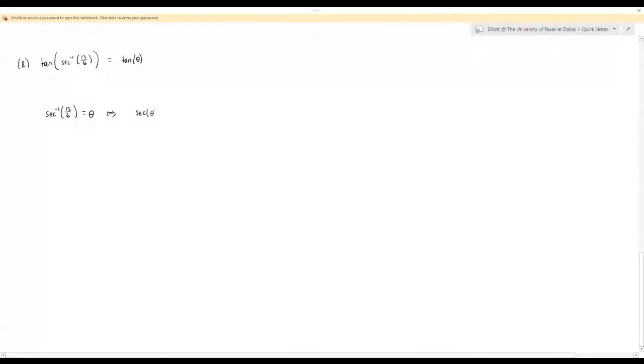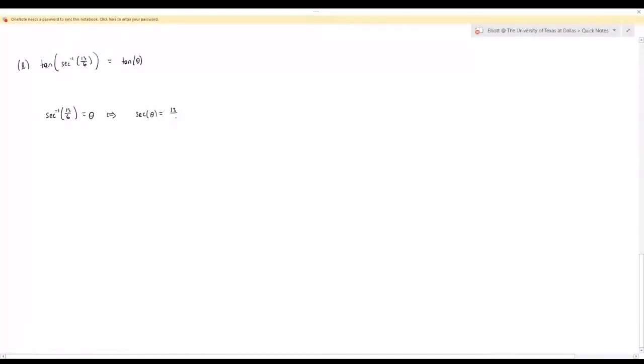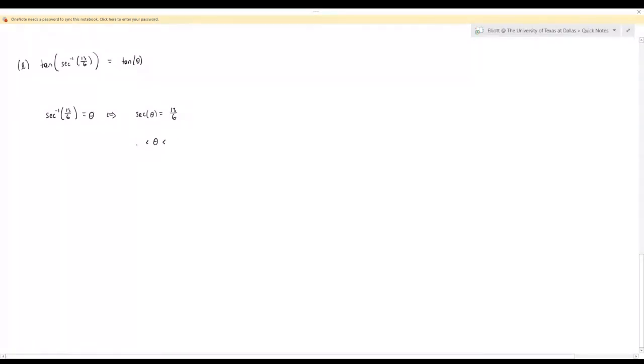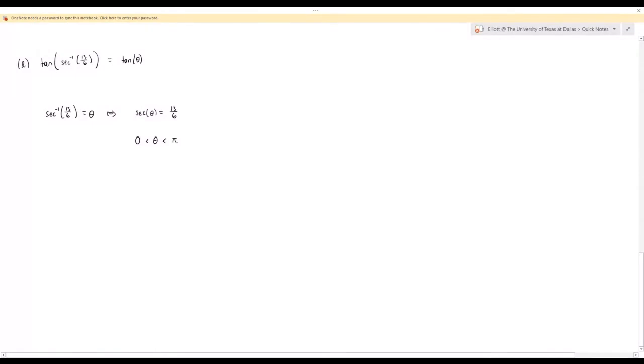That gives secant of theta equal to 13/6. Now, secant inverse has its own restriction on the angle theta. Secant is 1 over cosine, so it should be similar to cosine, restricted between 0 and pi.